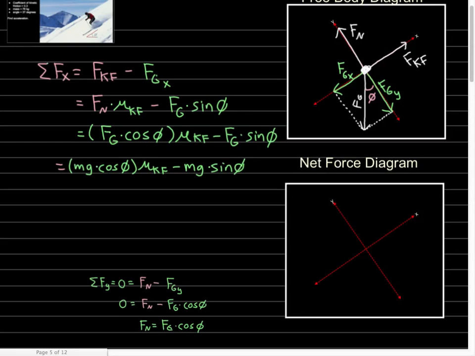Plug all that into your calculator and you'll get a final answer for your net force. Simply divide that by mass and you have his acceleration. And that is all you have to do.